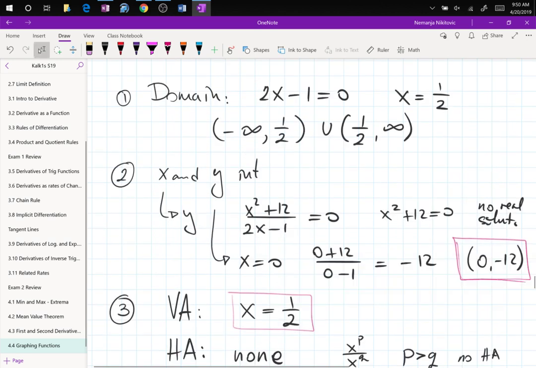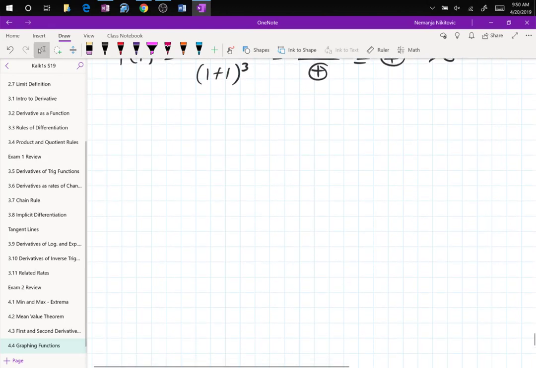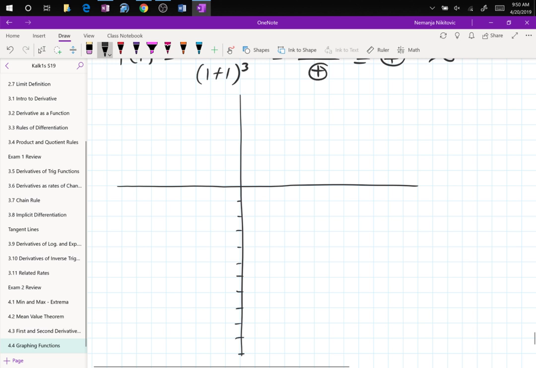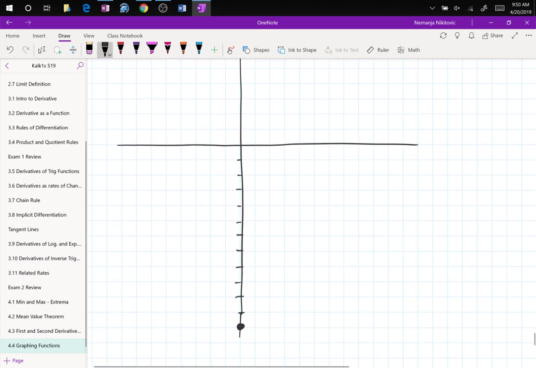Yep, negative 12 on the y-intercept, 5 pages ago. So, there we go. 2, 3, 4, 5, 6, 7, 8, 9, 10, 11. Negative 12, y-intercept.